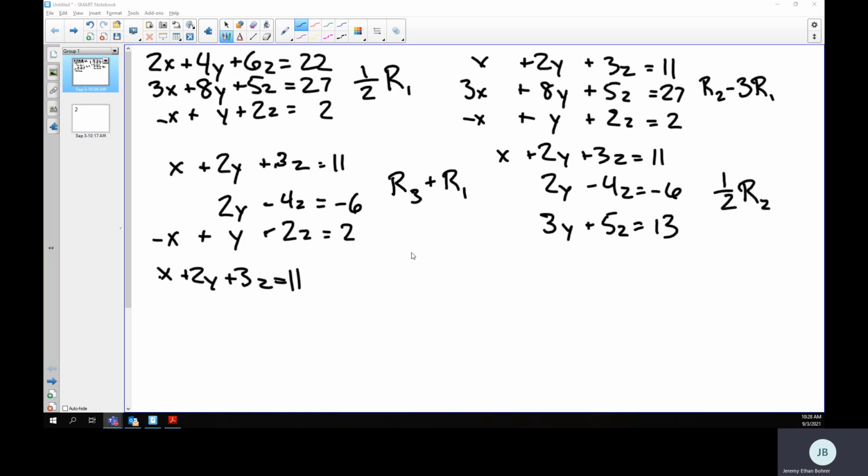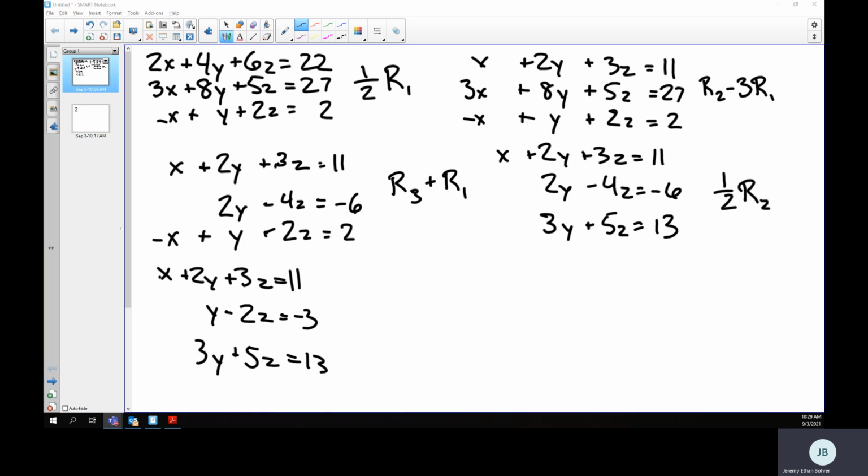That's not going to change. y minus 2z equals negative 3. And row 3 doesn't change. 3y plus 5z equals 13.